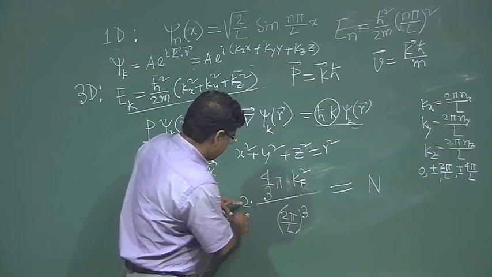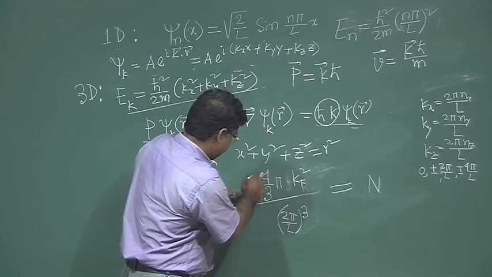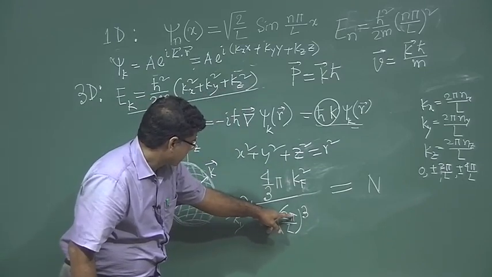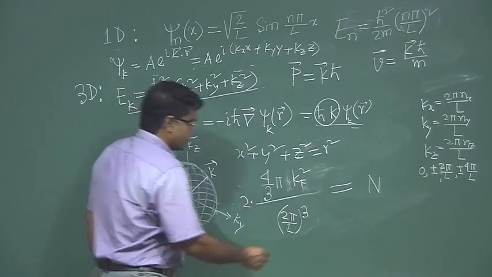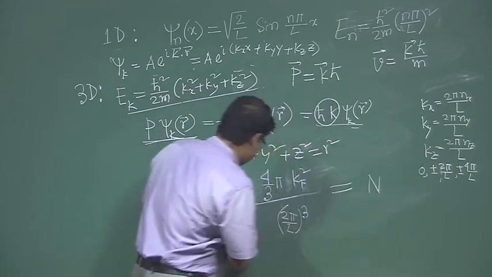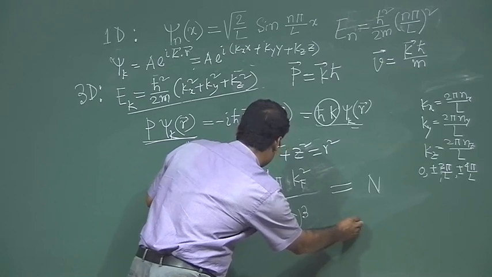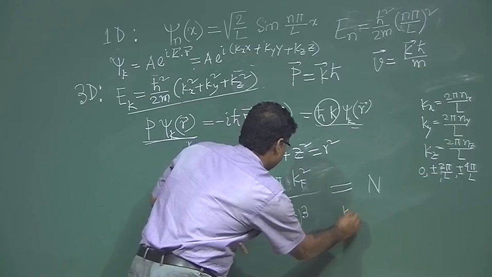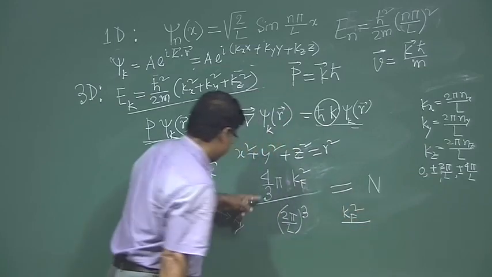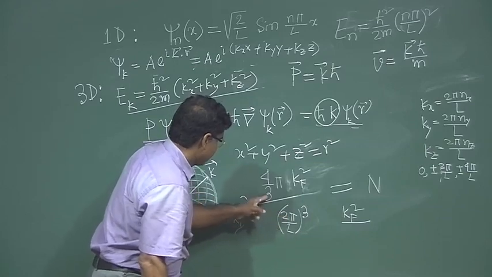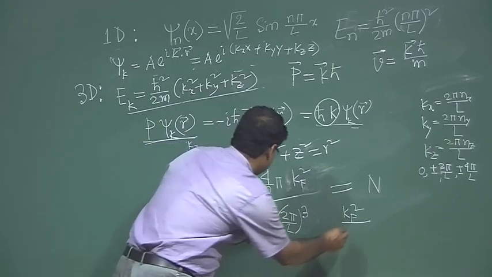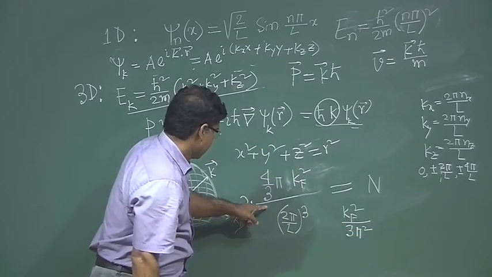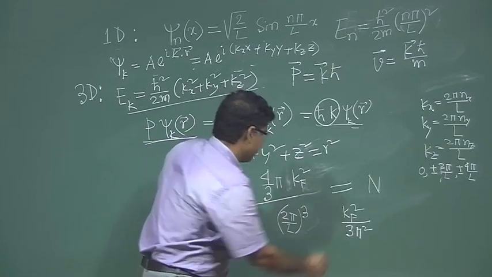So, just do it. It will be 8 pi by 3 and here 8 pi cube, so you will get kf square divided by 3 pi square, and then this will go up with L cube.